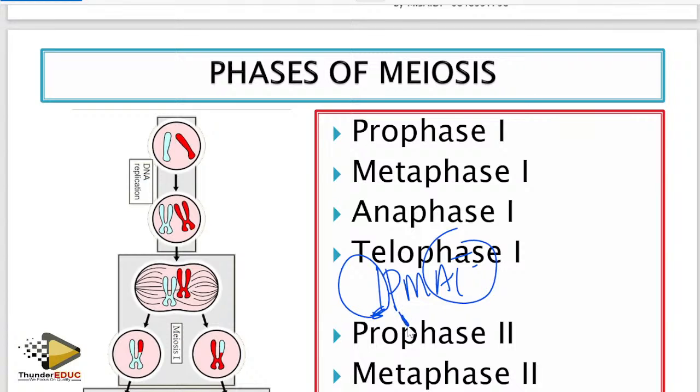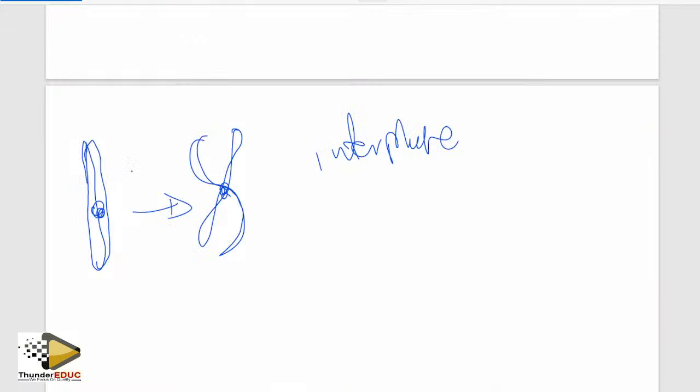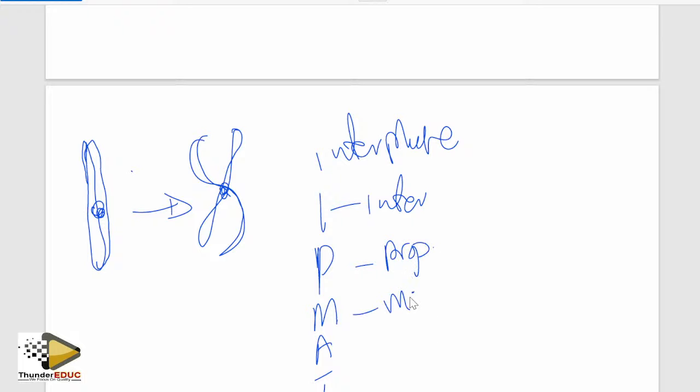So here we have interphase, then prophase, metaphase, anaphase, and then telophase.